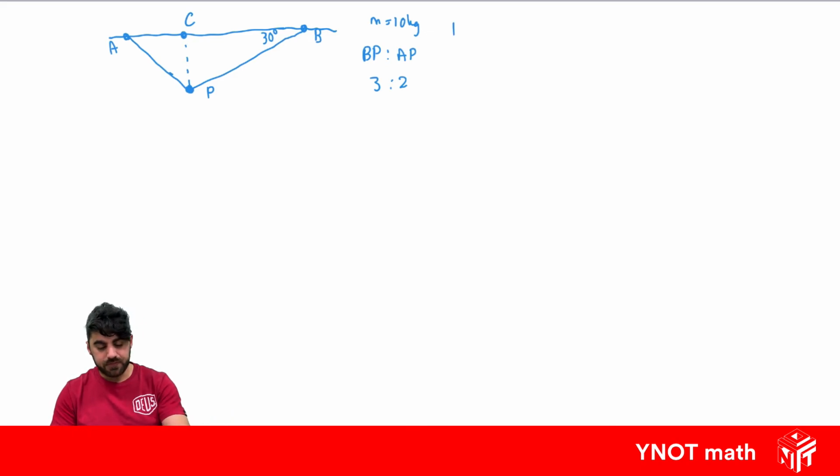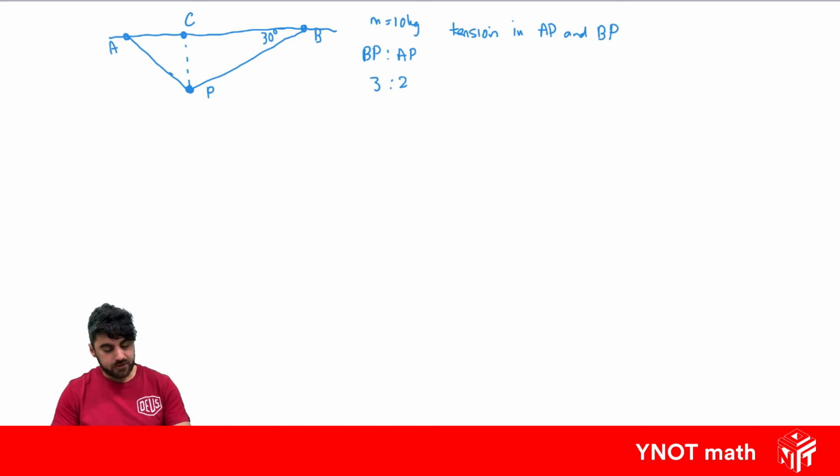We're after the tension in the string AP and BP, after the tension in the strings. Now, in order to find the tension in the strings, we should draw what's called a free body diagram, where we're just focusing on the forces involved here.